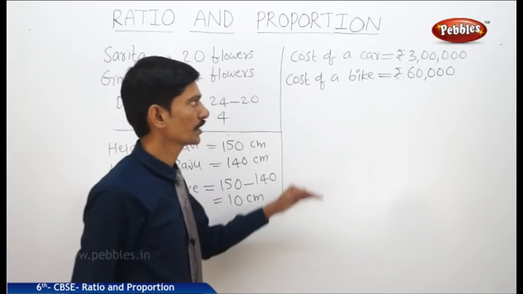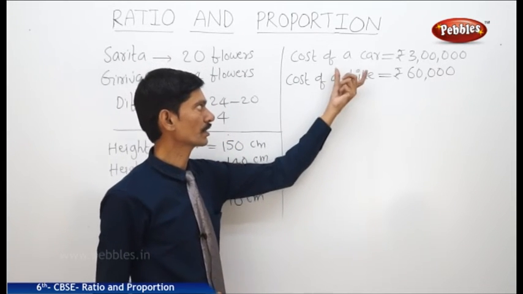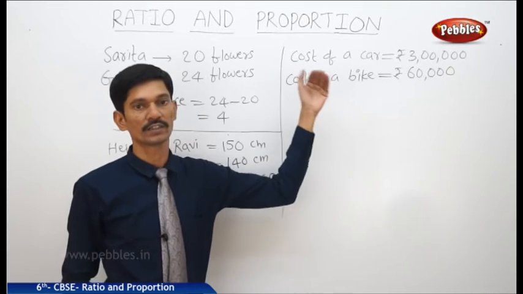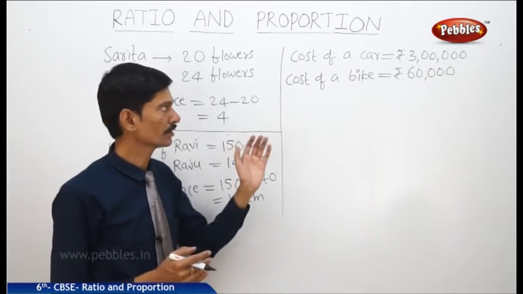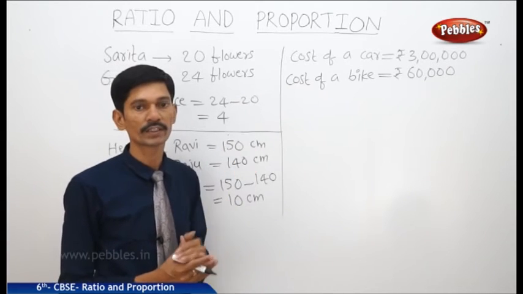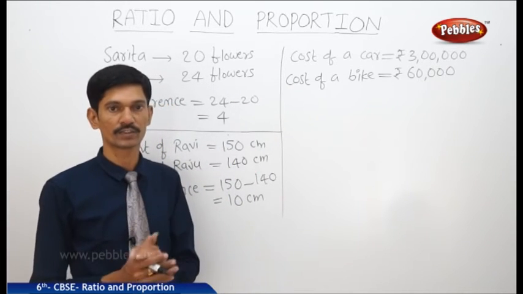So here we cannot compare the cost of the car and motorbike by finding the difference. We can compare, but the better way to compare the cost of car and bike is by finding the ratio.